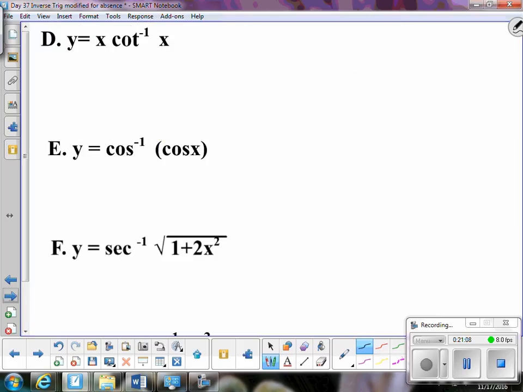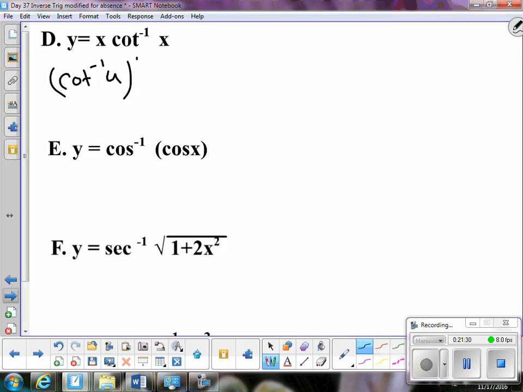Example D. Now this time we don't just have the derivative of an inverse trig function. It's there, but it's within the product rule. But I will write down the general rule over here for the inverse cotan derivative. The derivative of the inverse cotan of u.